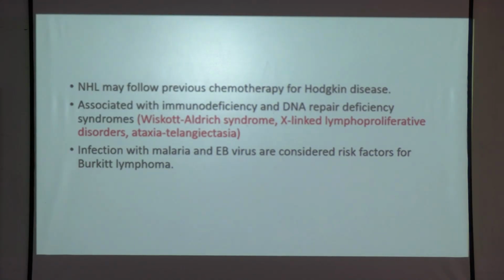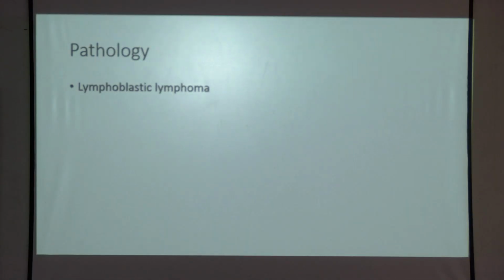Infection with malaria and Epstein-Barr virus are associated with only the Burkitt's lymphoma variety of non-Hodgkin's lymphoma. The others have no infective origin.